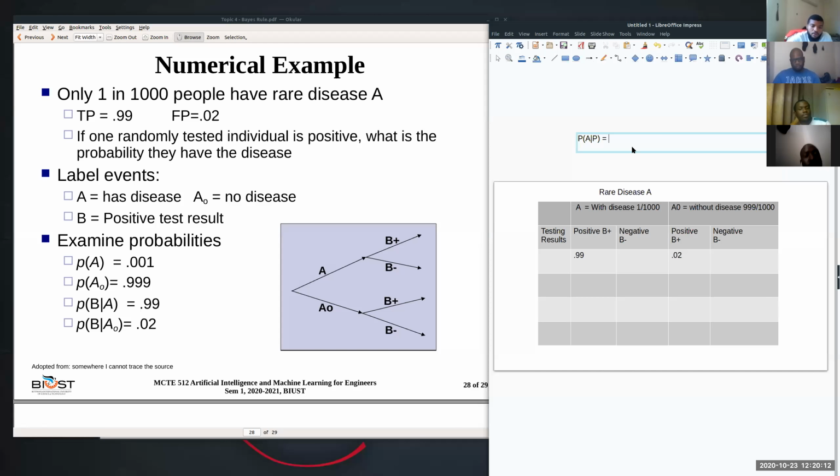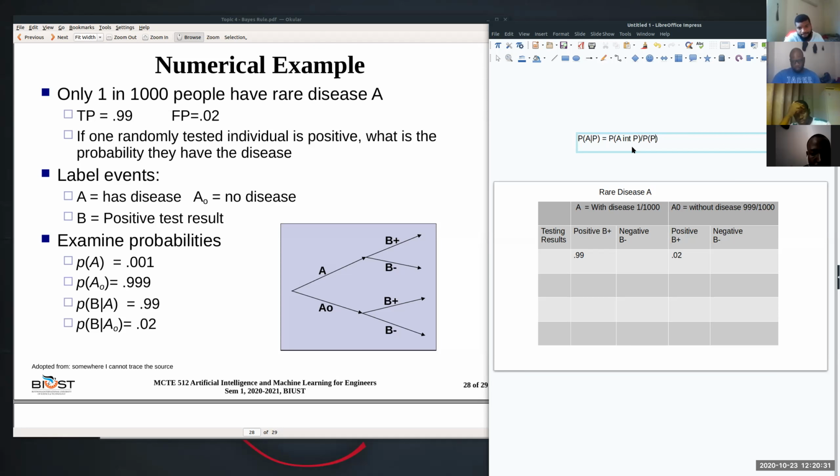So we can write it: the probability of having the disease intersection positive, divided by the probability of being positive.